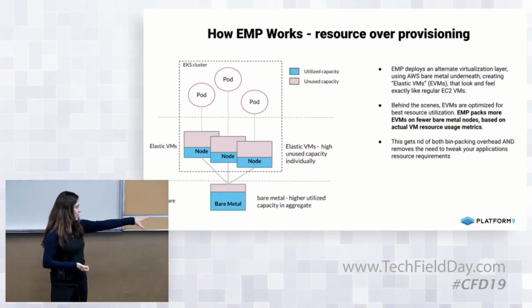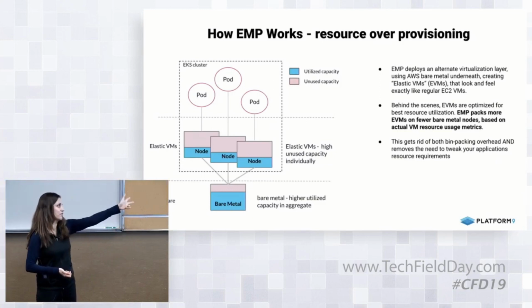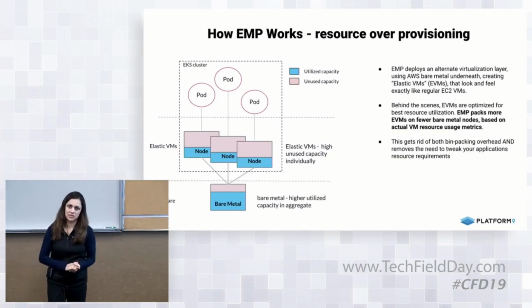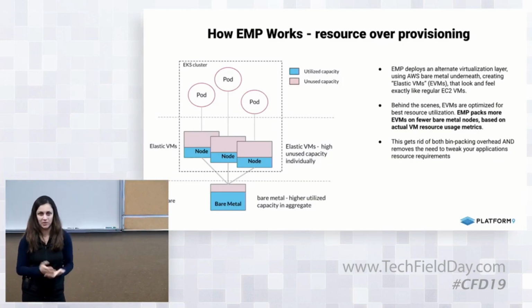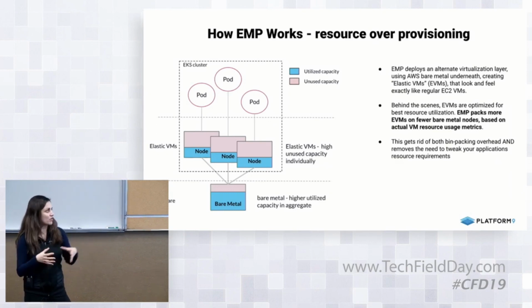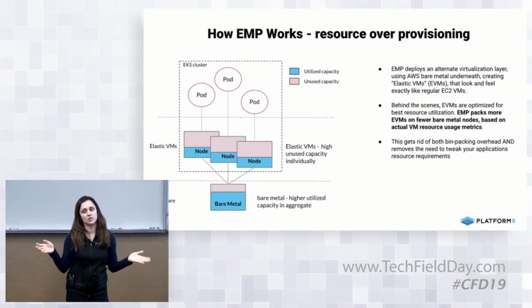Because we are deploying at the bare metal layer, we're now able to leverage a concept that was used multiple times back in VMware times, which is over-provisioning. You base it on the fact that not all virtual machines you deploy are going to consume all of the capacity they're configured with. So you pack more virtual machines on fewer bare metal resources.